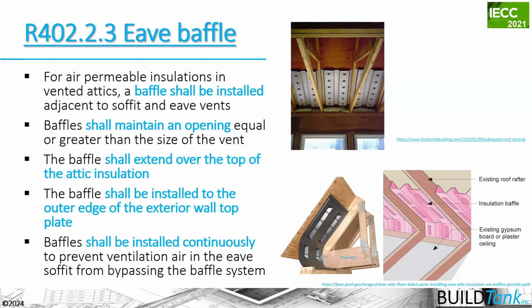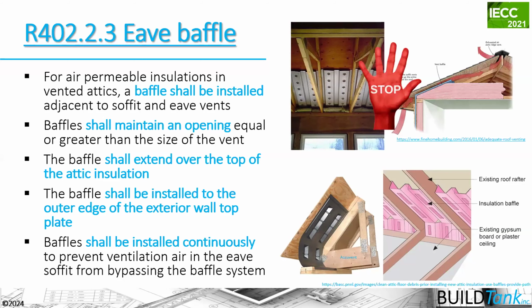And so the new requirement in the 2021 IECC is that we have continuous baffles. If you're going to just spot soffit vent the assembly, you still have to put continuous baffles in there to ensure that there's no bypass of the ventilation air in that assembly.